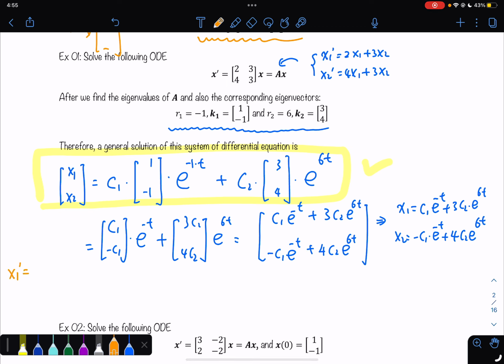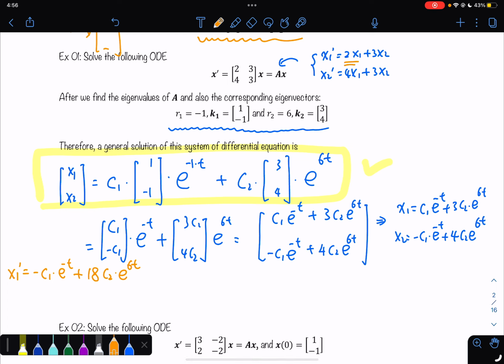X1 takes derivative: c1 e to the negative t becomes negative c1 e to the negative t. The derivative of 3c2 e to the 6t gives me 3 times 6, so it's 18 c2 e to the 6t. That's x1 prime.